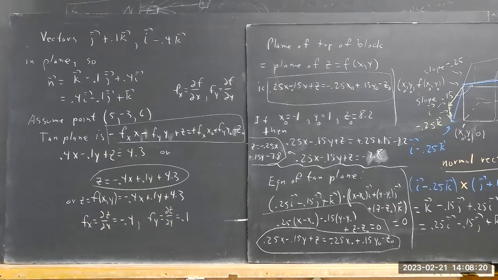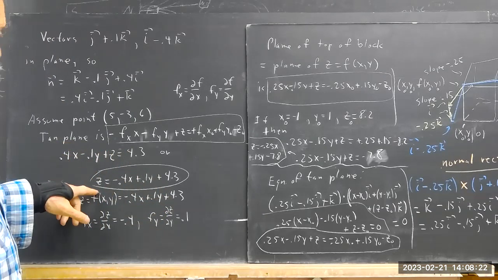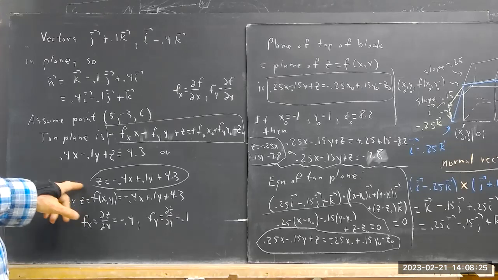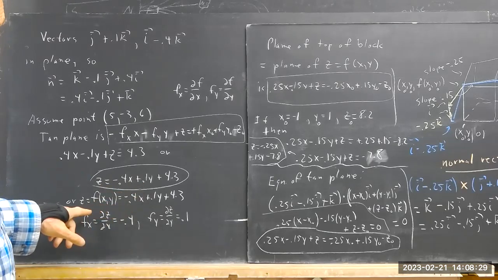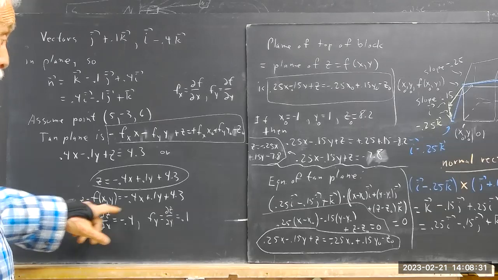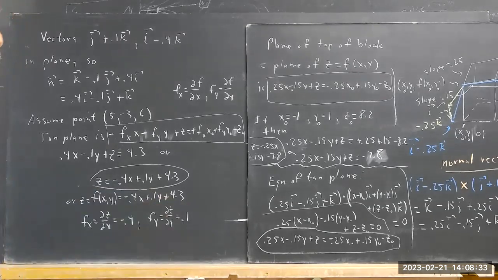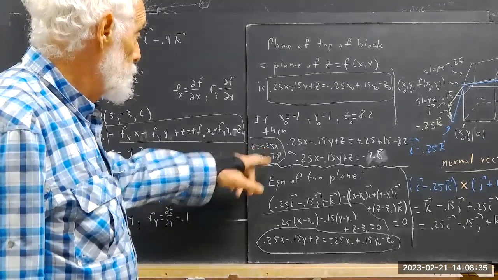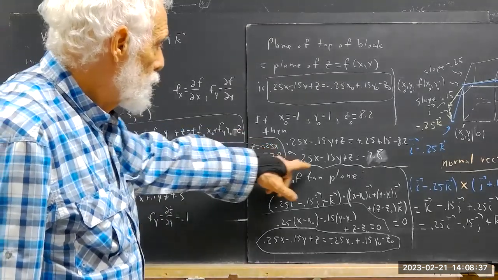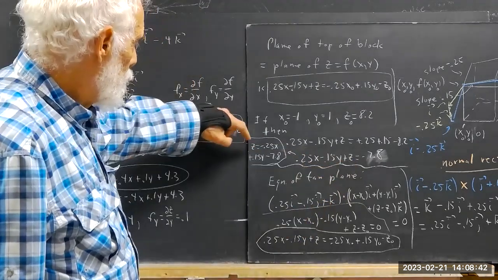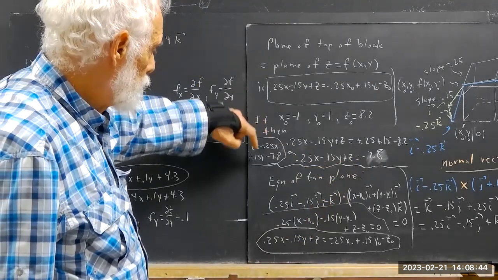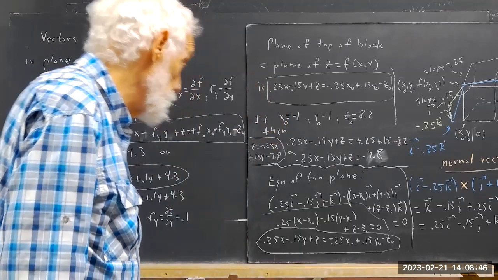Nobody had any trouble doing that. Okay, so we get this. There's the equation of our tangent plane, and we could write that as z equals f of x, y equals all this. Okay, over here, this equation could be solved for z. So this plane would have equation z equals negative 0.25x plus 0.15y minus 7.8.